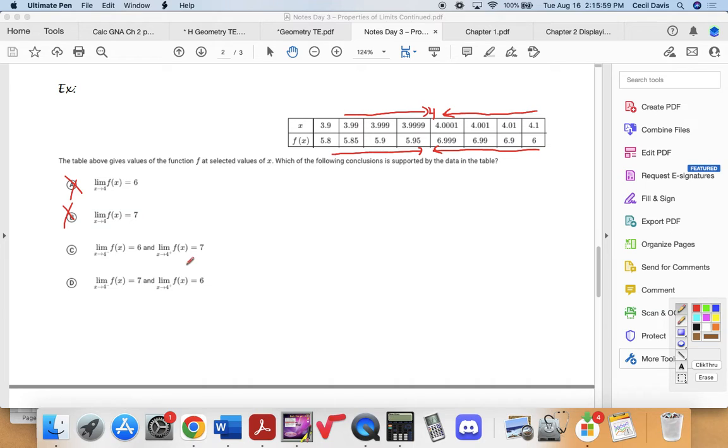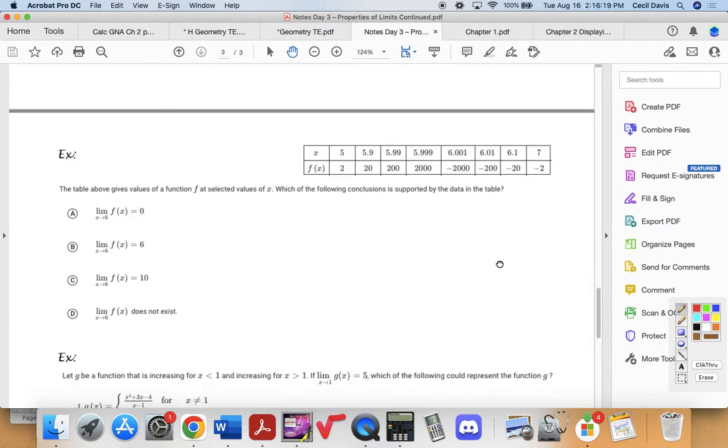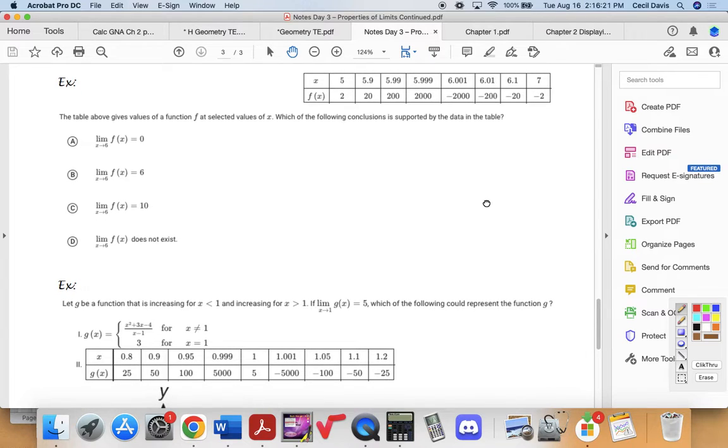What is true is C. As we approach 4 from the left, we approach 6. As we approach 4 from the right, we approach 7. Not nearly so tricky as the other ones. Page 3.